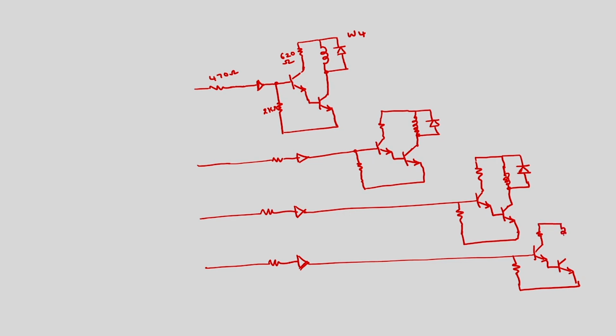These 2 transistors will be used for increasing the current capacity. This will be connected to the motor winding. These values are the same as the previous ones: 2K, 620, 470 ohms.